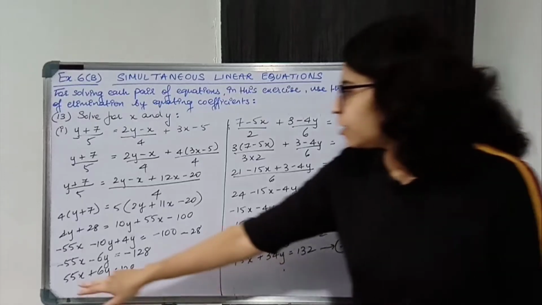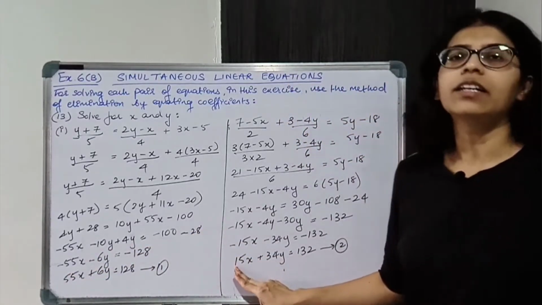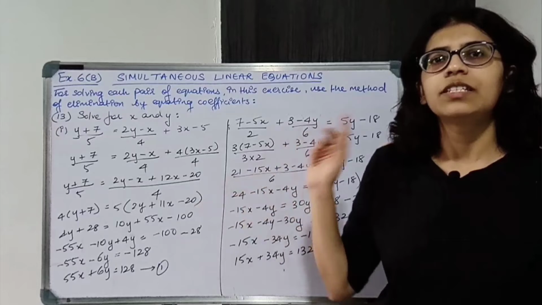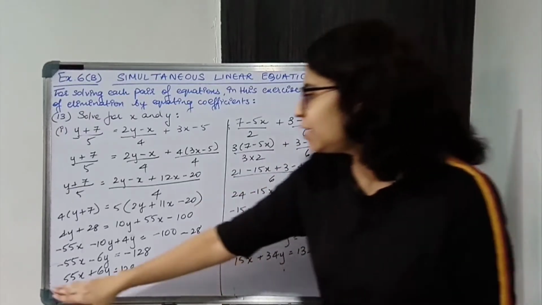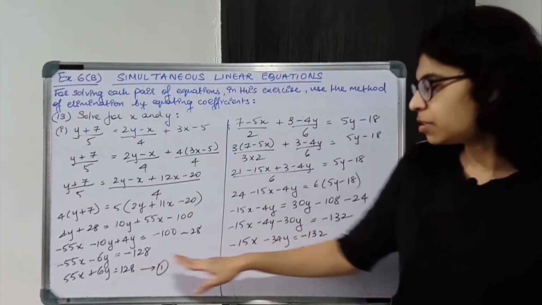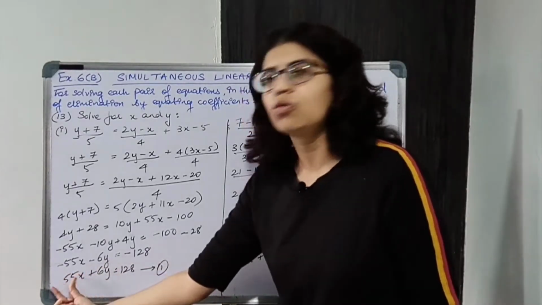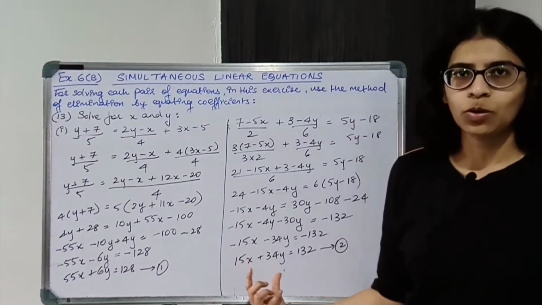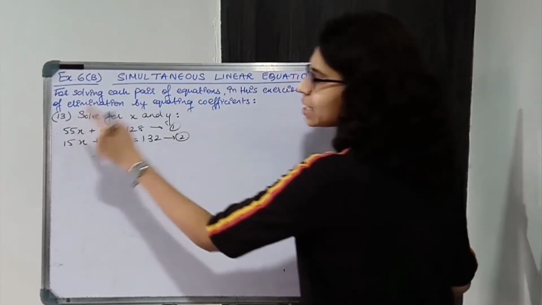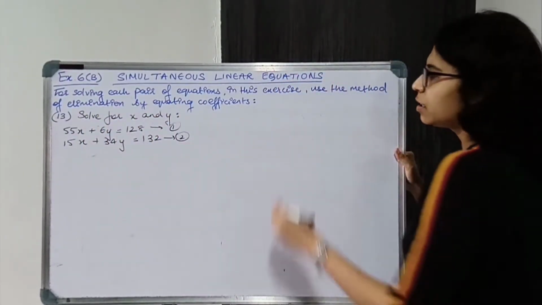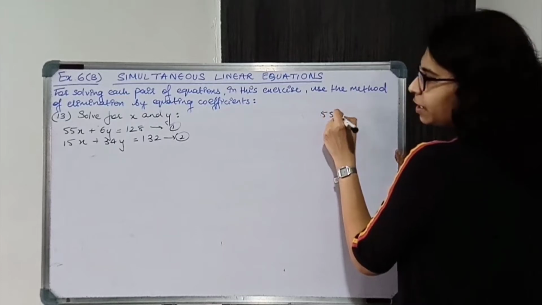So 55 and 15. Take the LCM first, see what the LCM is, and accordingly we'll multiply this equation by a number and that equation by a number such that both coefficients become equal. So to make the coefficients of x equal, take the LCM of 55 and 15.